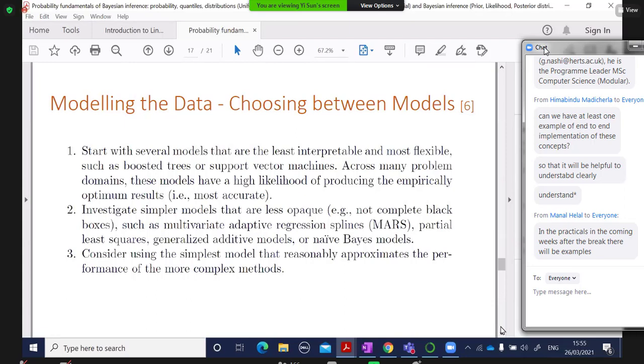Now, have a look at here. How to choose between models, in 3 steps. First step, start with several models that have a high likelihood of producing empirically good, most accurate results. Then investigate simpler models.